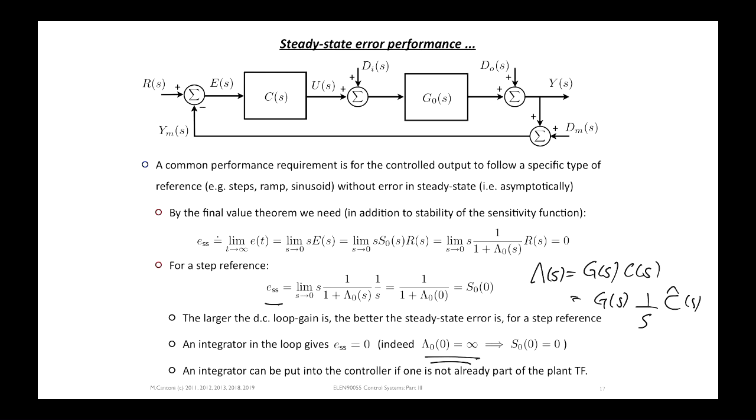I'm really just trying to motivate thinking in terms of lambda, which is what we'll spend most of our time doing. We'll always be trying to translate our performance specifications into conditions on the open loop transfer function. Because once we have conditions on this and we know this, we just have to choose this to get what we want. And given the simple relationship between this and the thing we can design, that's not too hard most of the time.